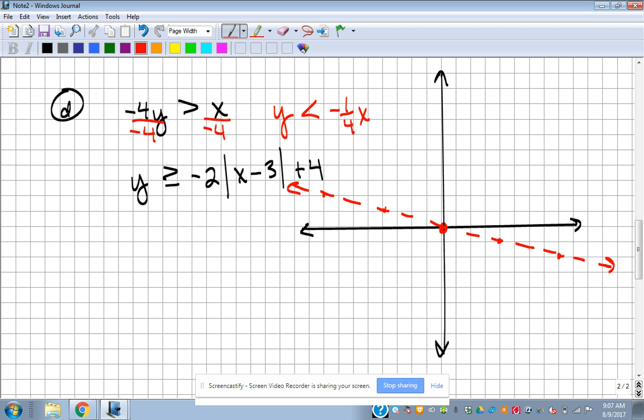Positive 1 less than negative 1/4? No, so it's false over here. So that means I'm going to shade the bottom half. Also think less than, lower than, so underneath that line. That's one way. That's another way to do it. I won't say that the way I do it is the only way, because it's not. It's just the way I feel most comfortable with.